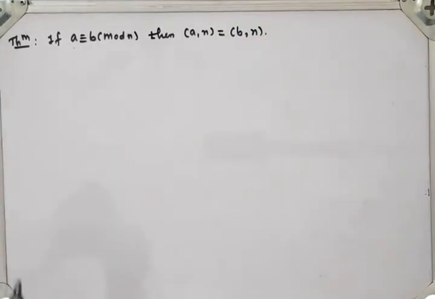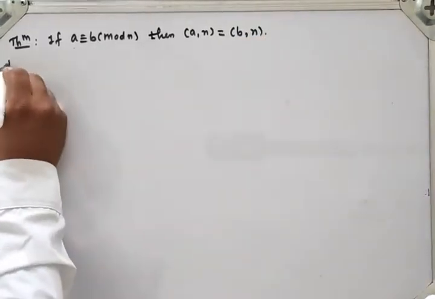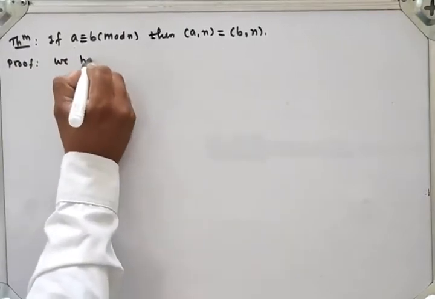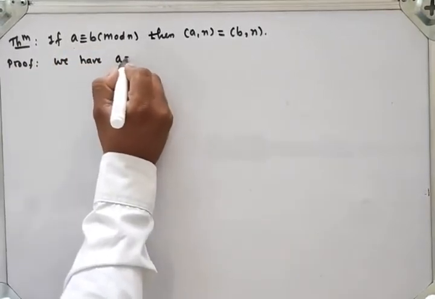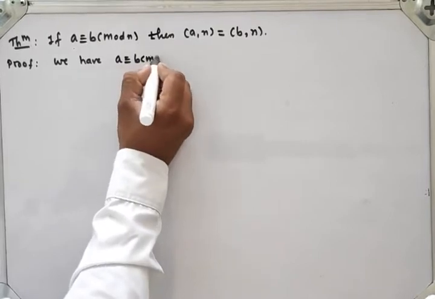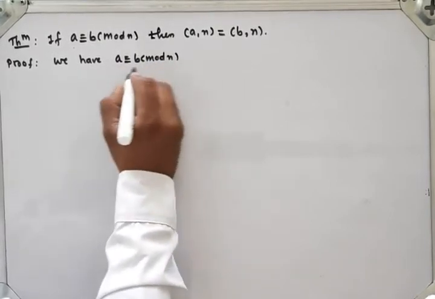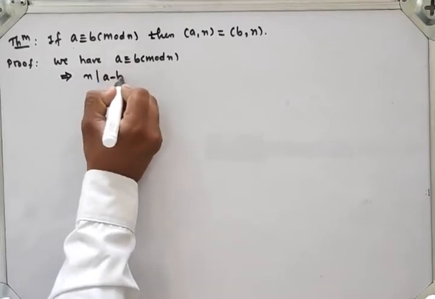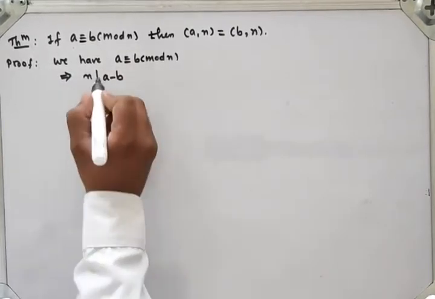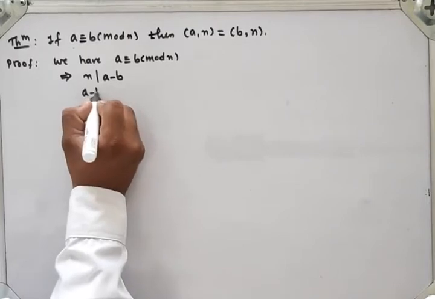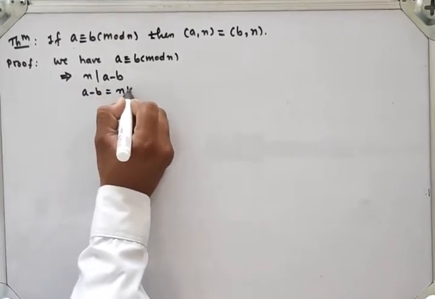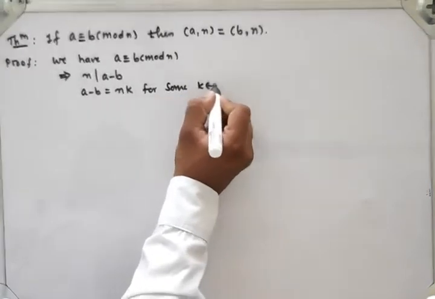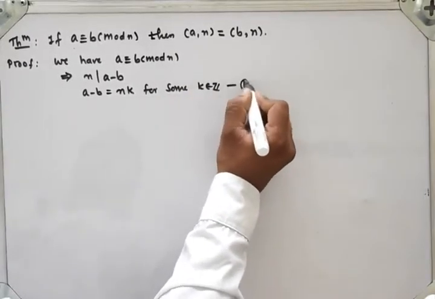So we will prove it. The proof of the theorem is, we know that a is congruent to b modulo n. Using the definition of congruence, n divides a minus b. From that we say a minus b is equal to n into k for some k belonging to the set of integers. This is equation 1.